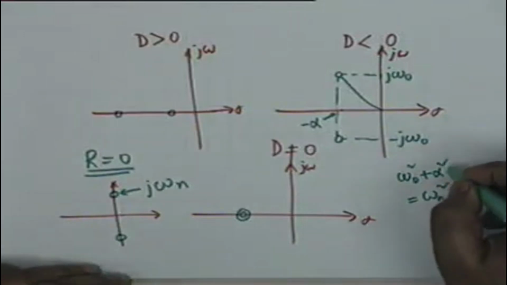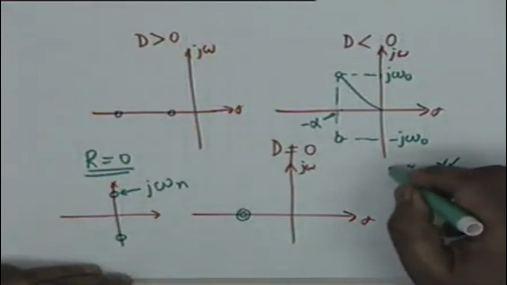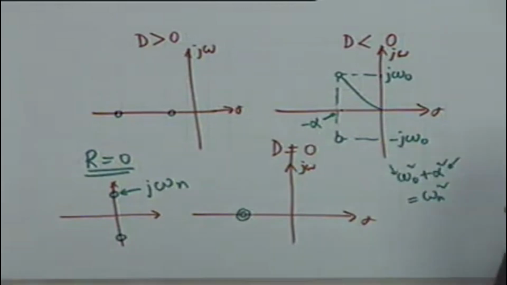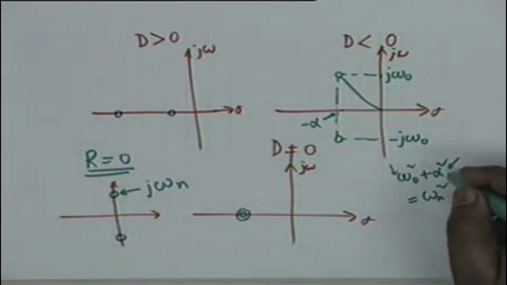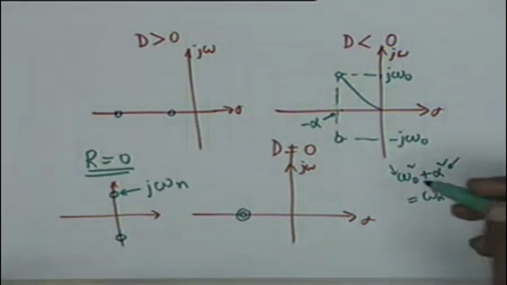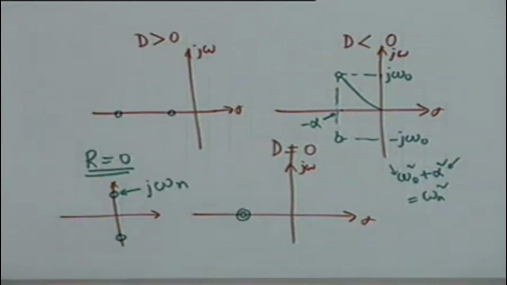On the other hand, both alpha and omega 0 naturally depend on R. Is that clear? Because alpha depends on R, alpha is equal to R by 2L, therefore omega 0 depends on R. Omega 0 squared after all is omega n squared minus alpha squared. Is that clear? I am trying to introduce a concept, so please be with me.